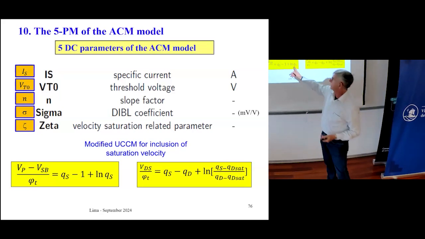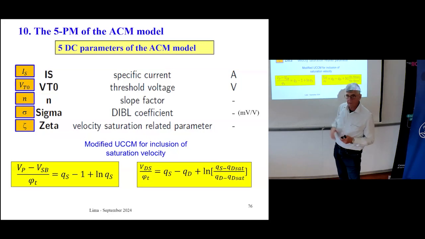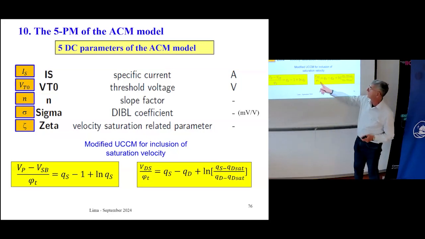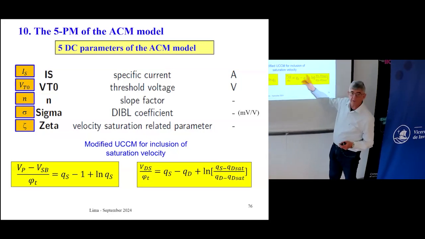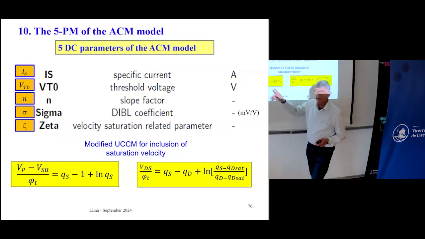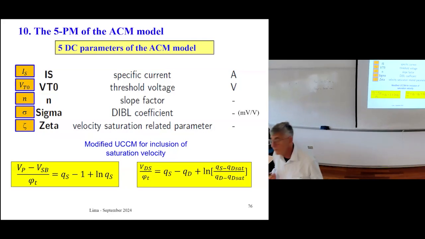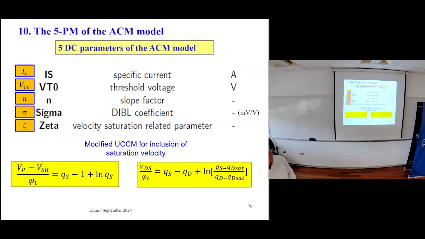But for the source, you don't see any change in the basic equation. But for the drain, you should modify the equation. This is derived from the UCCM. Now you have to modify it to take this effect into account. Okay?